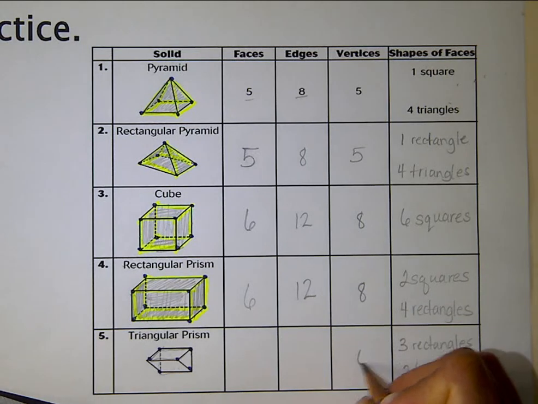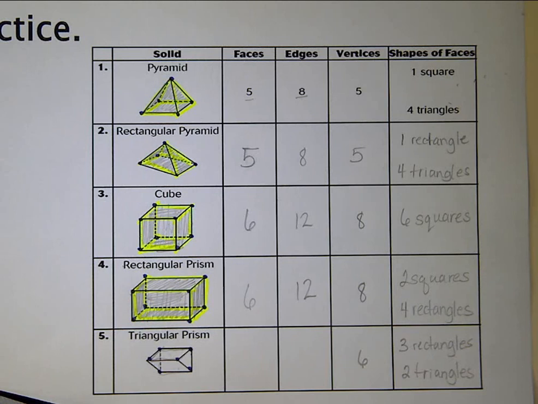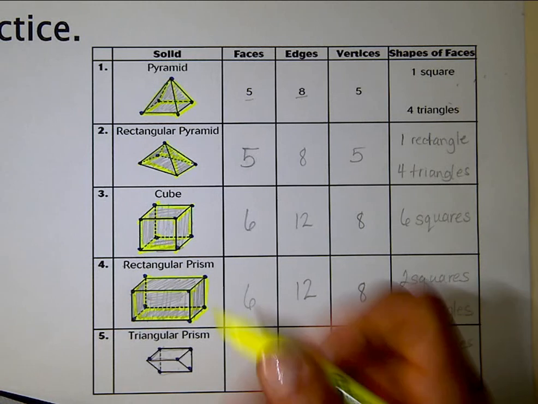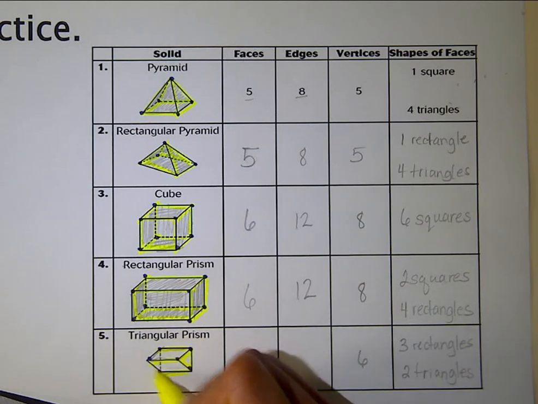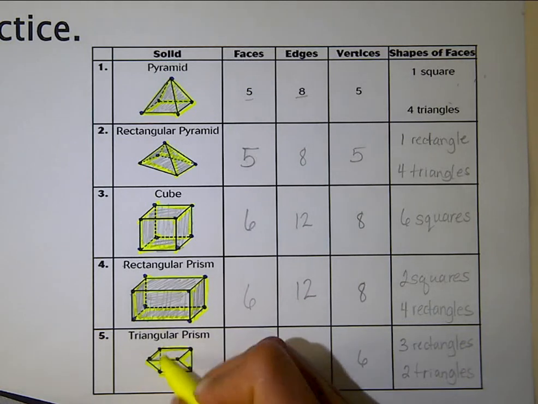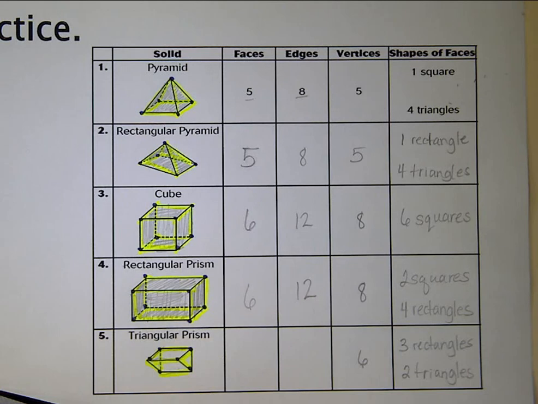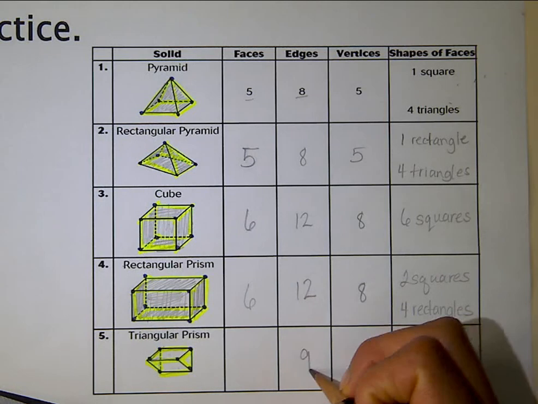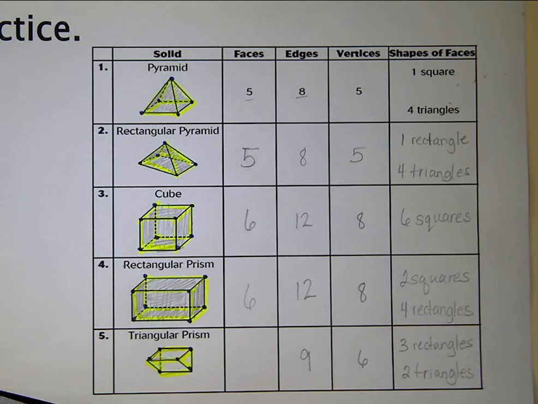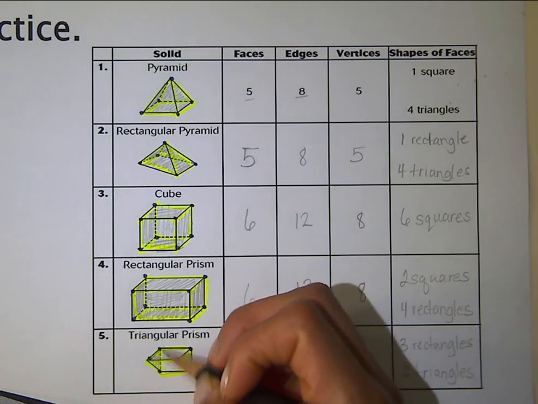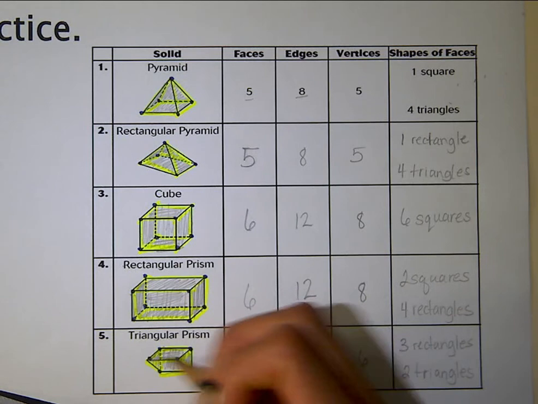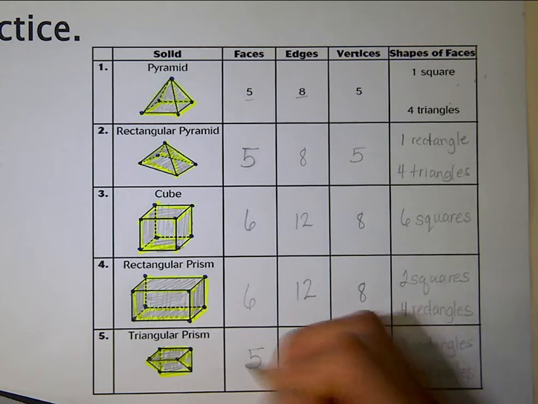Okay, now let's go ahead and count and highlight the edges. 1, 2, 3, 4, 5, 6, 7, 8, 9. 9 edges. Now let's go ahead and do the faces. 1, 2, 3, 4, and 5. 5 faces.